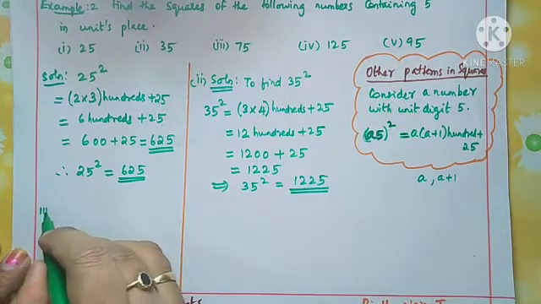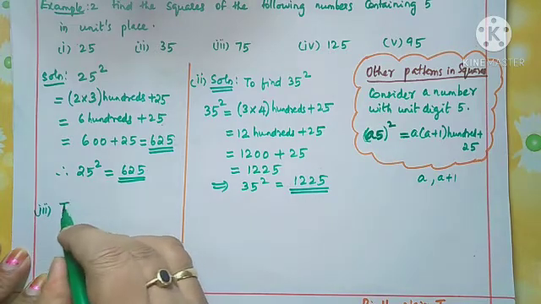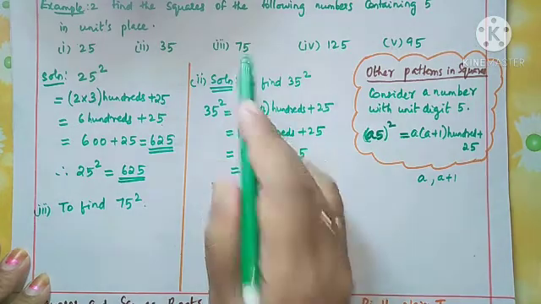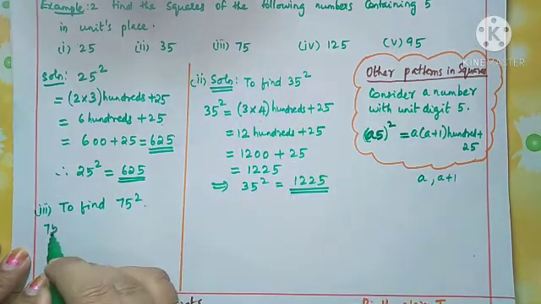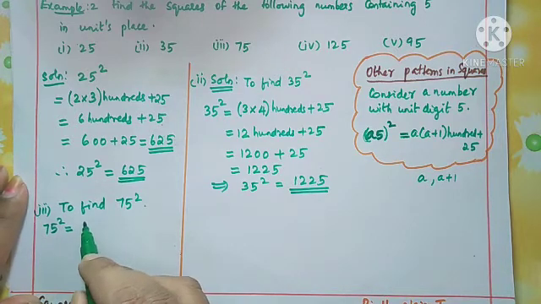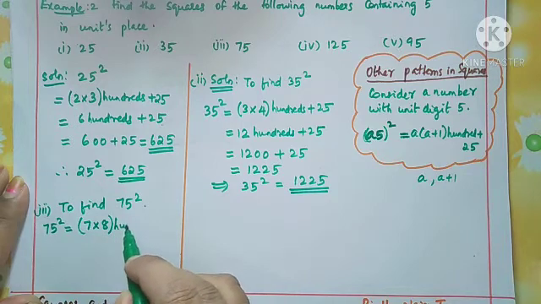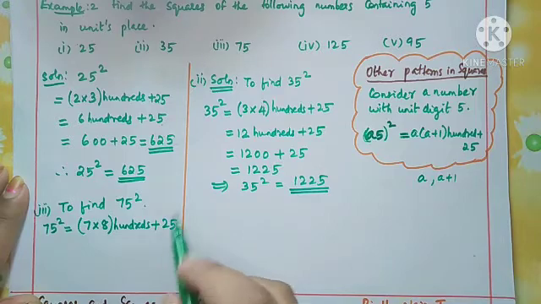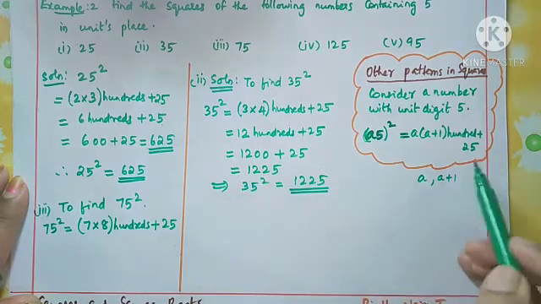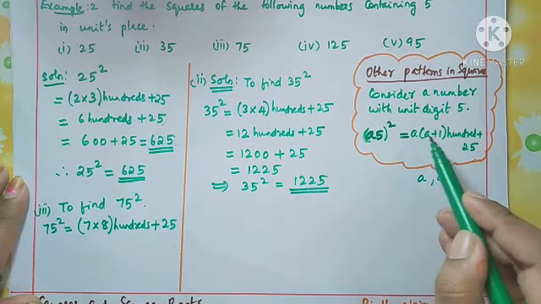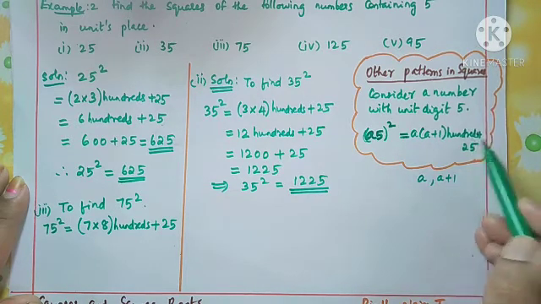Now you see the third question. The third question is to find 75 square. So write 75 square equal to, first number 7 into the next number 8, hundreds plus 25. This 25 is common for all the problems, because in the formula also we have A into A plus 1, first number into the next number, hundreds plus 25.